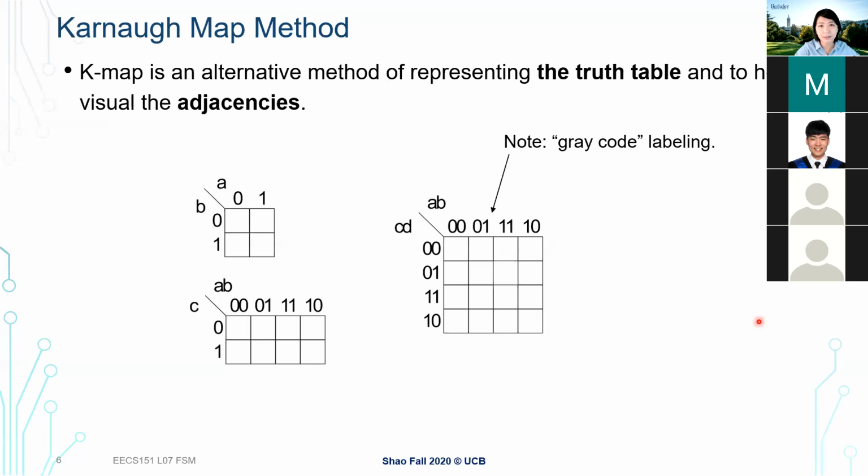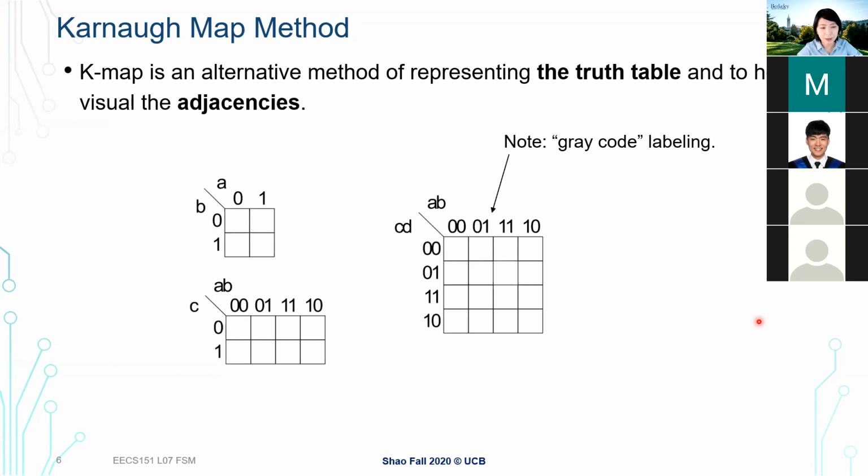It could also be 3 dimensions, we'll talk about that in a minute. We organize it into these 2 dimensions so that we can see the adjacency more clearly, because we want to explore the opportunities to use the uniting theorem to get rid of some of the terms that we don't need, to simplify the logic.